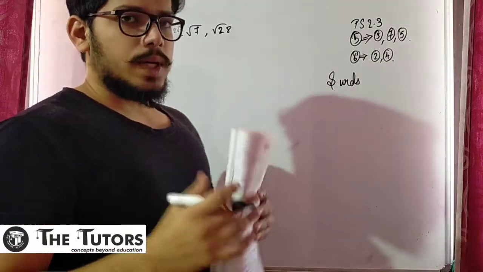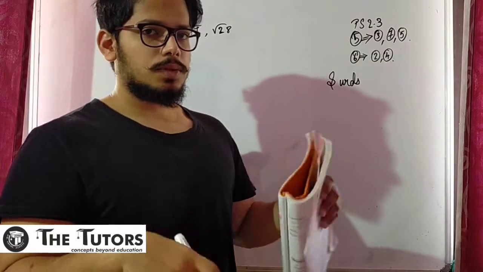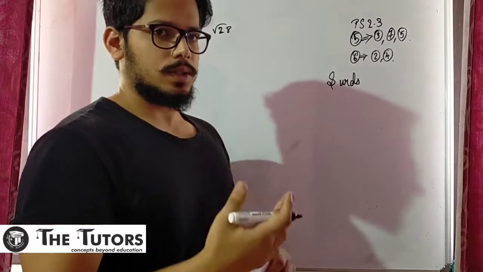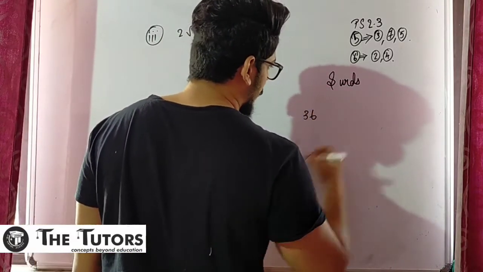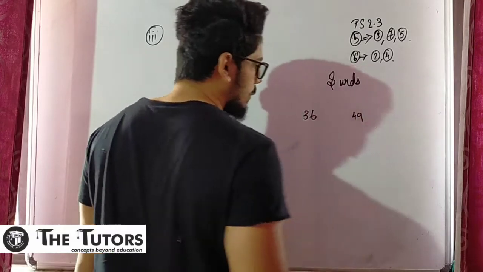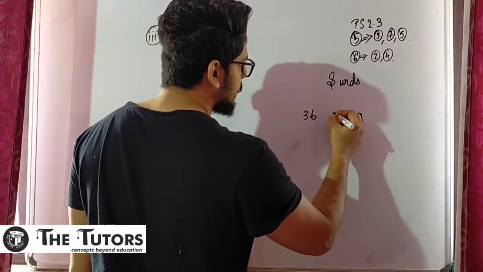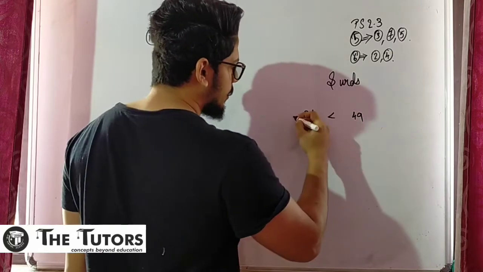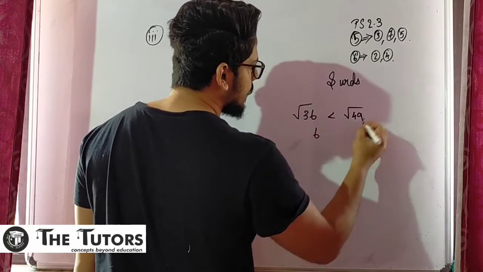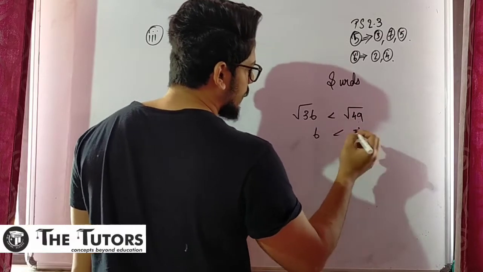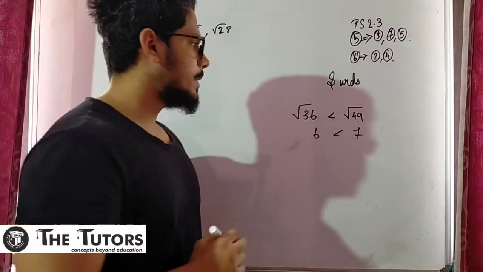Whenever you take squares and then square roots, you can find out which number is bigger and which is smaller. For example, I have here 36 and here 49. Definitely 36 is less than 49. If I take the square root of 36 and the square root of 49, the square root of 36 is 6 and the square root of 49 is 7. Definitely this will be lesser than this.